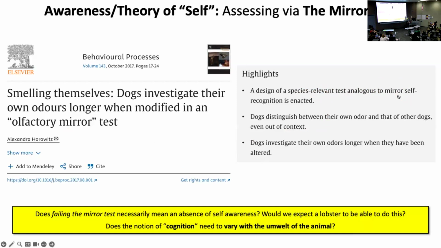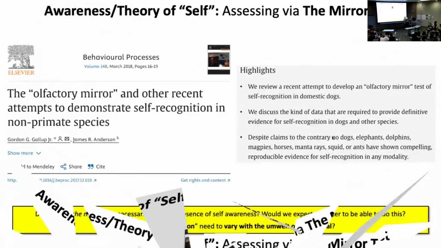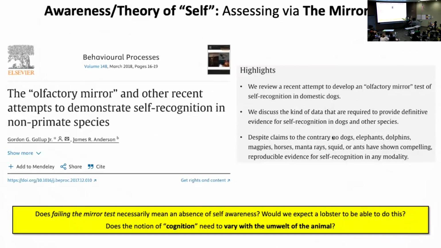And then the claim here is that dogs that are altered investigate their own odors longer. But there's a lot of criticism of that stuff too. So it's not a perfect thing. This is in the same journal a year later, Gallup and Anderson did a review of all of the mirror tests out there and basically concluded that for all but primates, you could explain the results of those papers using non-cognitive explanations.